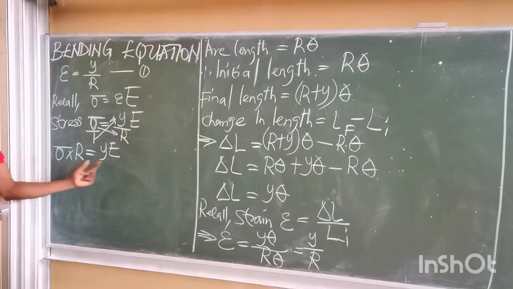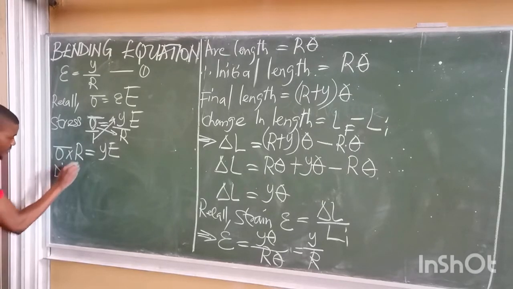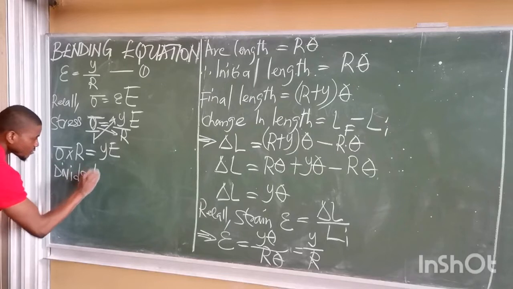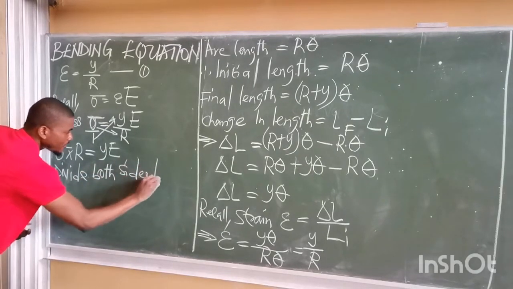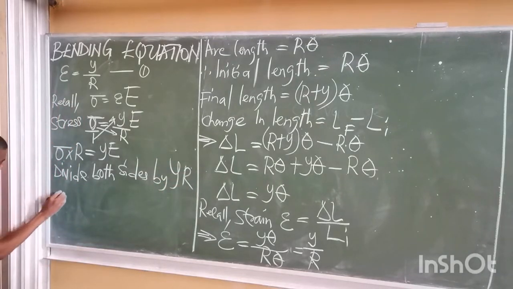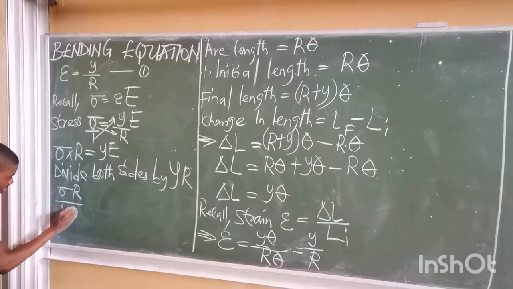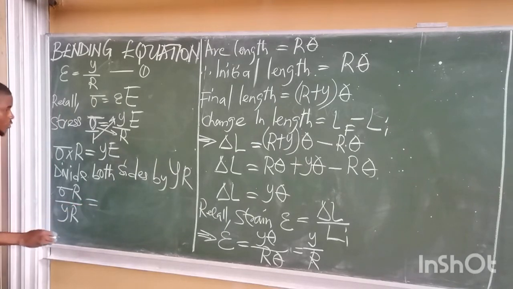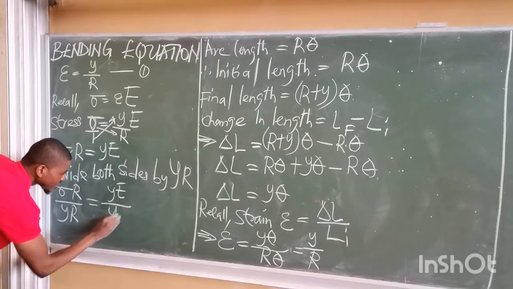Now, if I decide to divide both sides by y, I'm simply going to have stress all over R divided by y, and this is equal to E y all over y.